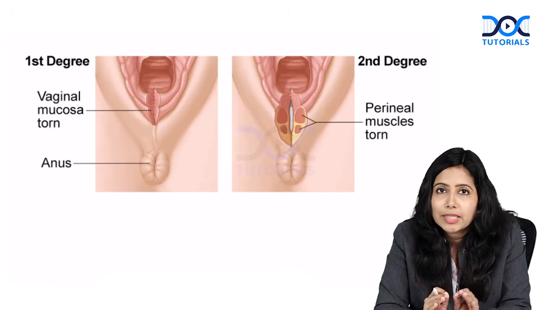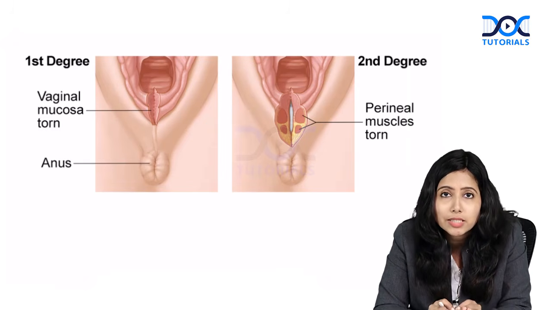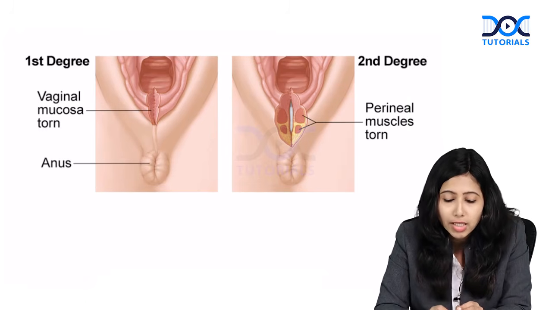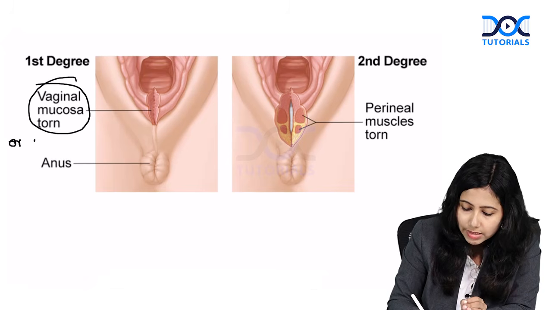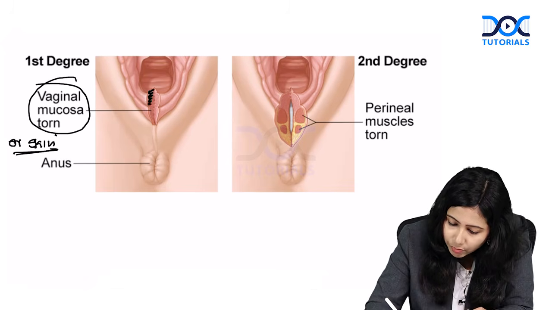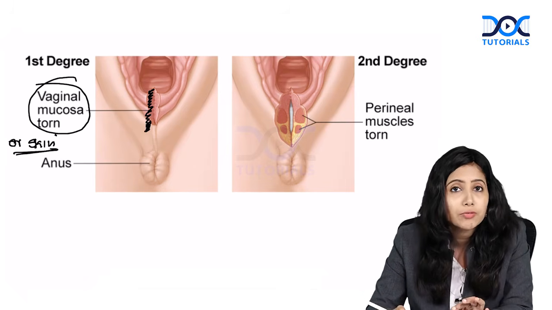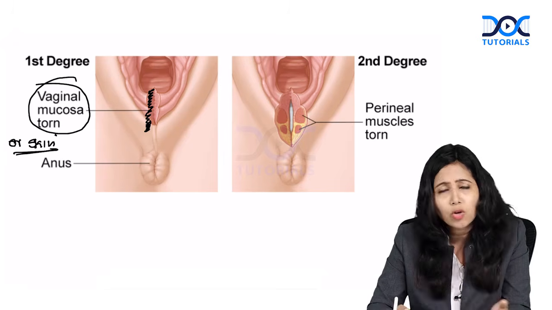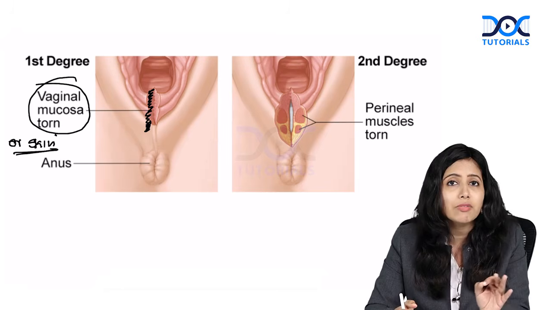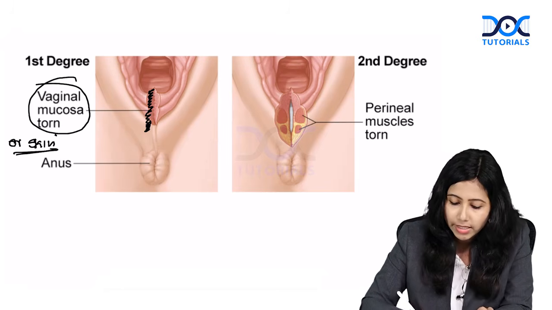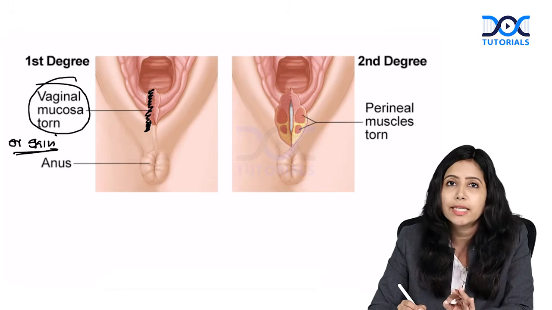First degree tear basically means that there is discontinuity or tear of either the vaginal mucosa or skin. In this, either this vaginal mucosa or the skin outside, either one of them is torn. That is, either or both can be torn also. If only the skin as well as the vaginal mucosa is torn, that is known as first degree tear.